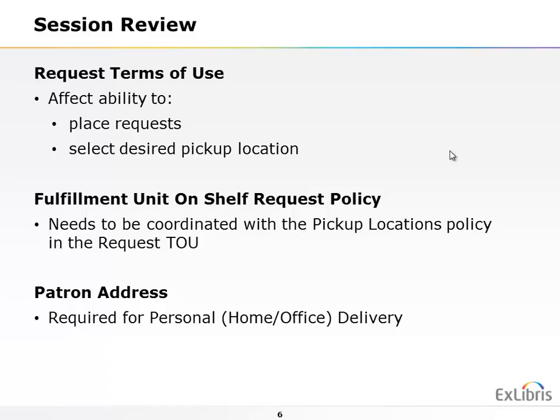We saw the fulfillment unit on-shelf request policy and how that needs to be coordinated with the pickup locations policy in the request terms of use. We saw the patron address and how the absence of a particular address, either for home or work, can affect the availability of personal delivery.